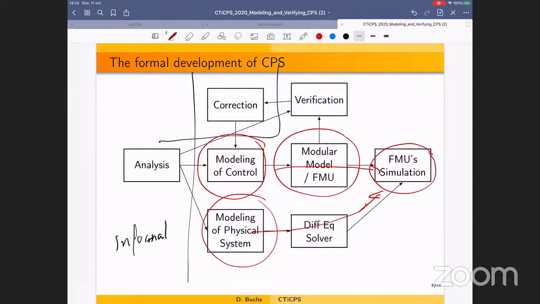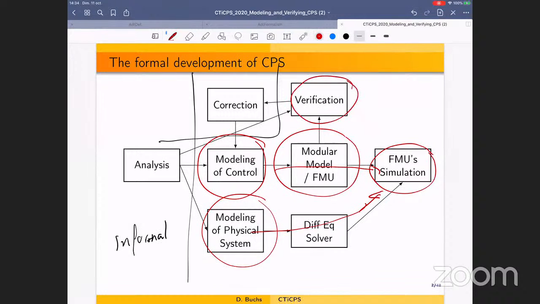This is a part that has been already described yesterday by Hans van Geluwe. So I don't want to discuss too much about the functional mockup units, which is the part where we describe how to simulate the system. So my concern is more about modeling and verification.